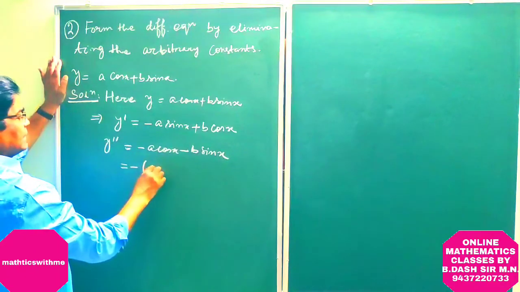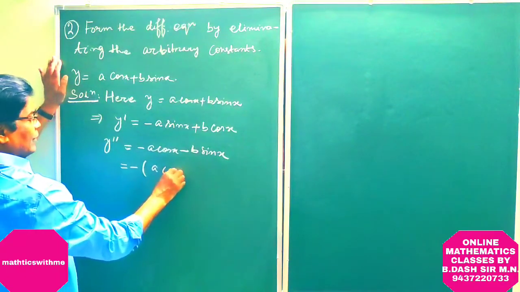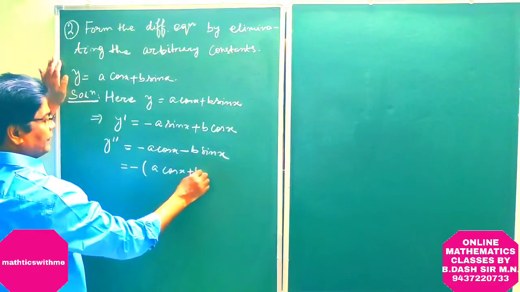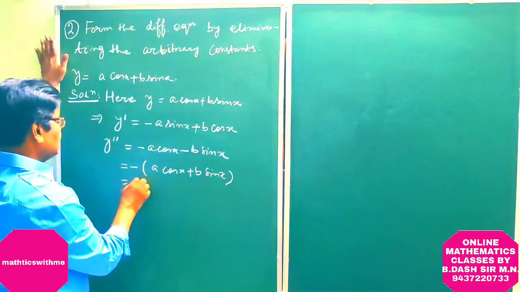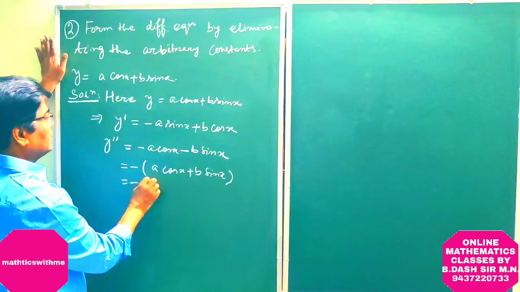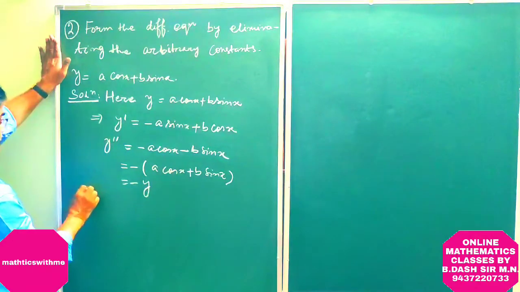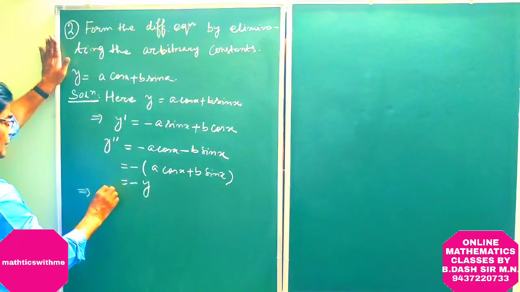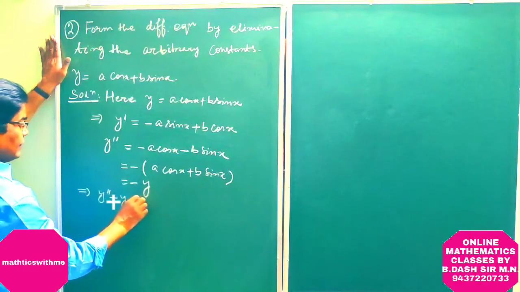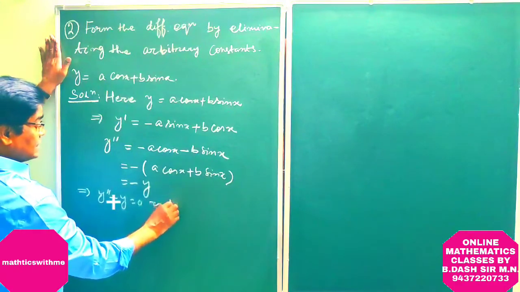Now taking minus common, we get a cos x plus b sin x, so this is equal to minus y.